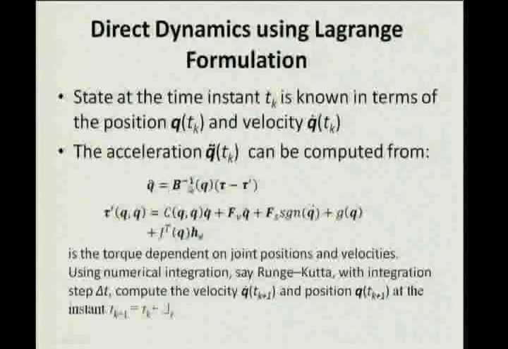I had B times q double dot plus T prime, where T prime was given by this, is equal to tau. So, all I have done is I have moved this term T prime q dot over to this side, and I have multiplied by inverse of the B matrix which I had. So, that will give me q double dot.